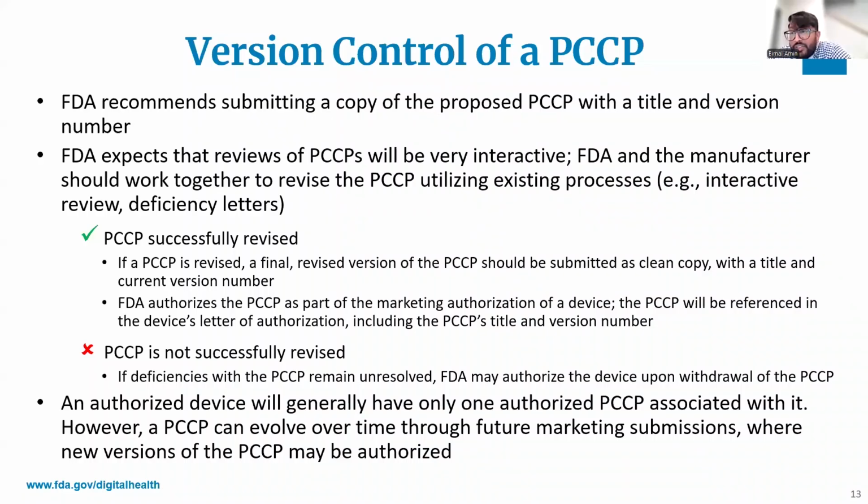When the PCCP is authorized, it's referenced by title and version number in the device's authorization letter. That creates a clear, auditable record of exactly what was agreed to. Generally, a device will have one authorized PCCP at a time, but as I mentioned before, it can evolve through future submissions. And if deficiencies with the PCCP can't be resolved, FDA may clear the device with the PCCP withdrawn.